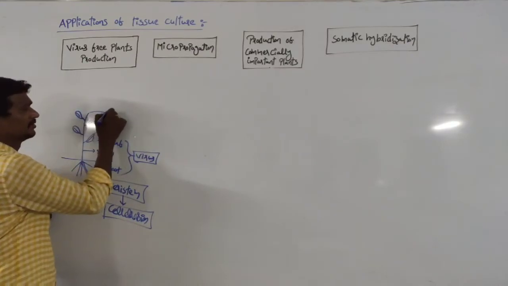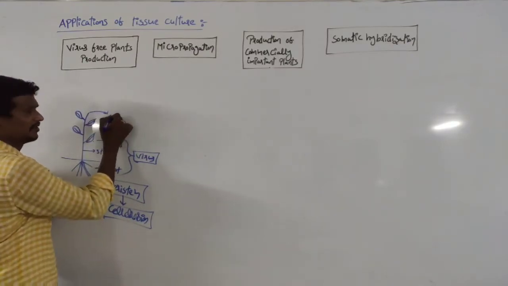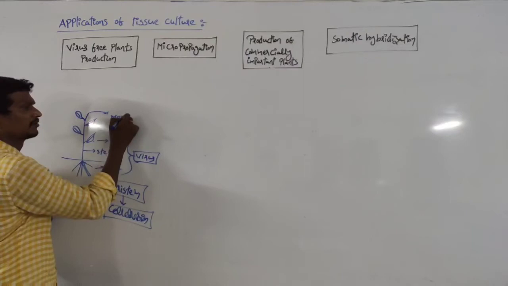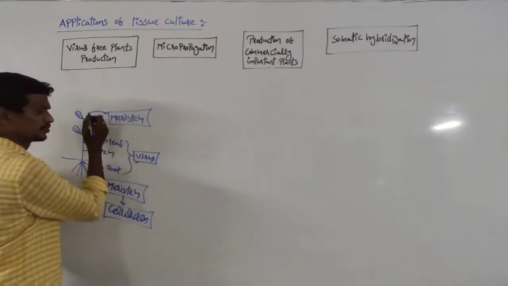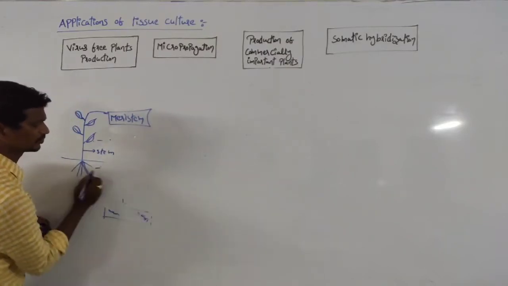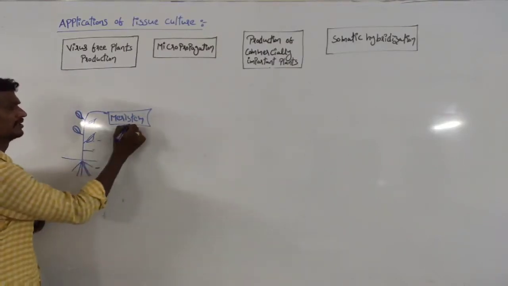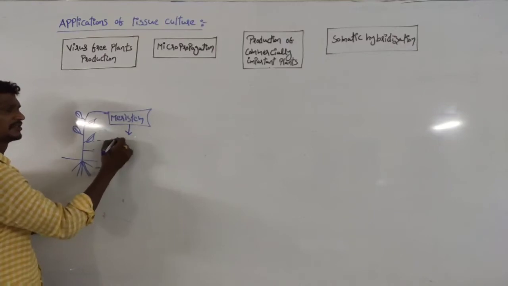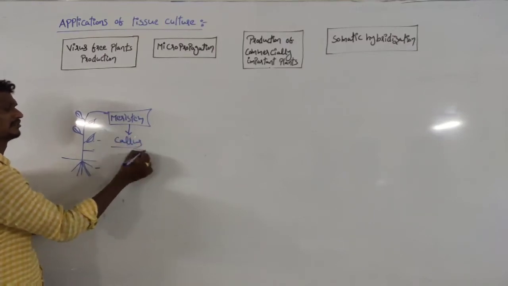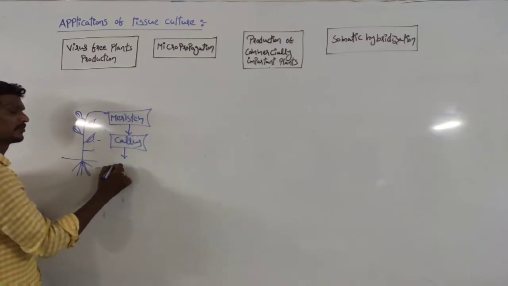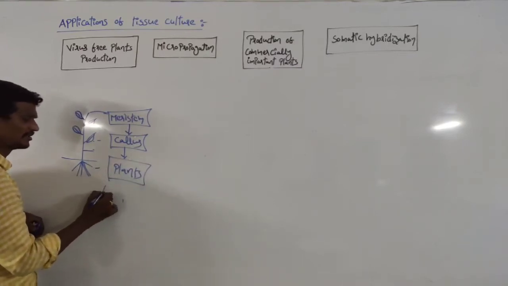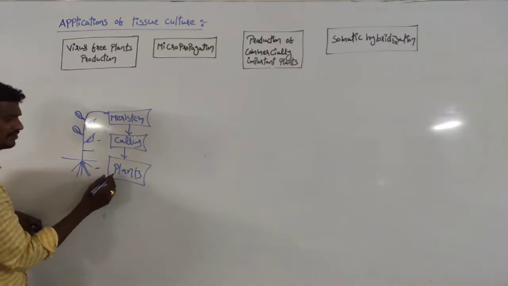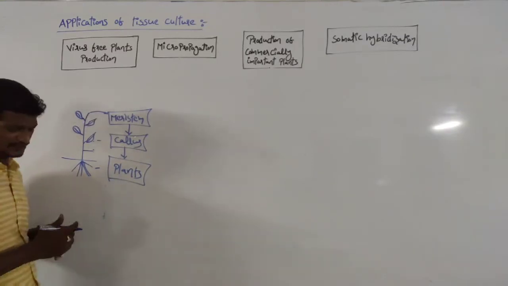Then we take the meristem as the source. That meristem part is subjected to callus production. From the callus, we produce the plants, and all these are virus-free plants.